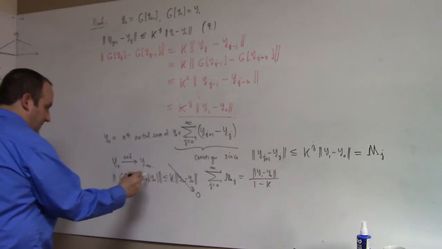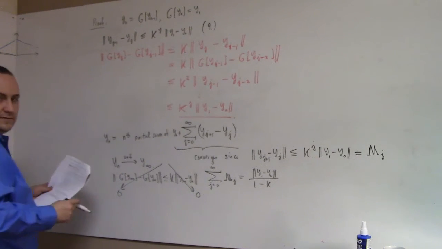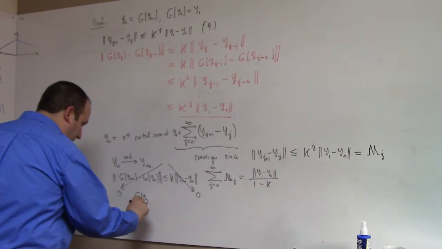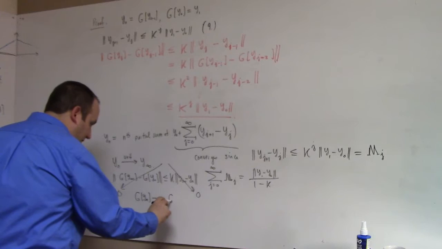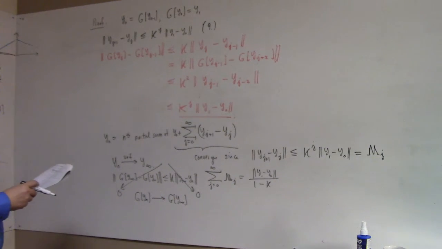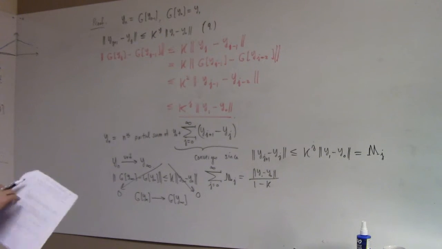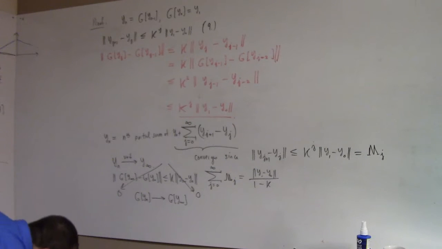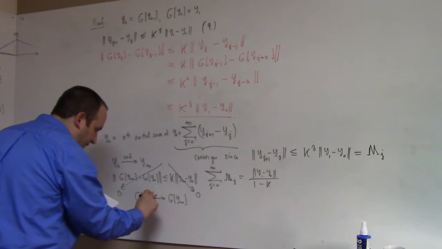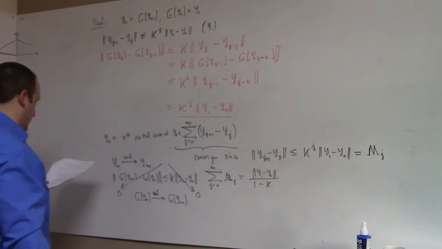Consequently, this goes to 0, right? Which means that g of yn goes to g of y infinity. Or you put norms around that if you want, I suppose. And that's a uniform convergence because we just got that this goes to 0, which gives us the uniform convergence of this to that.